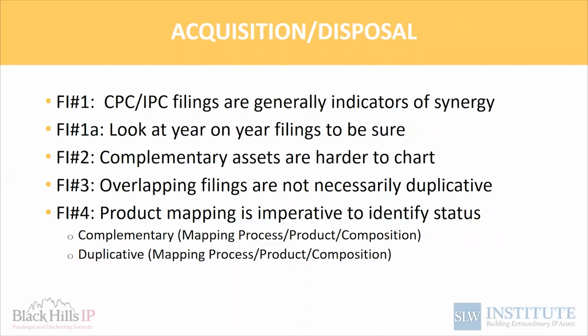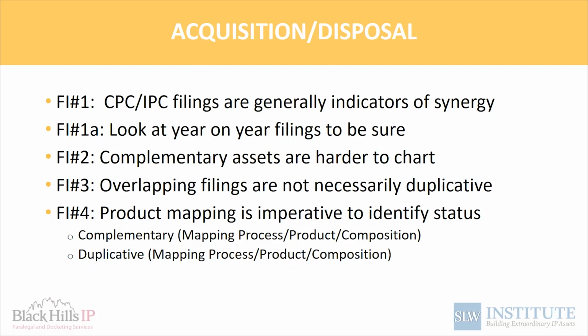Move on to the next line here, acquisitions and disposal. This is an area where analytics is really, really useful, and you can get some good stuff really quickly. I have a couple of subsequent slides on this as well. Anybody can compare, and a lot of your commercial systems can compare, portfolio X and portfolio Y, and they generally carry CPC or IPC classification codes to go with it.